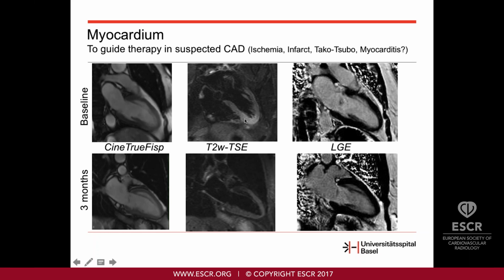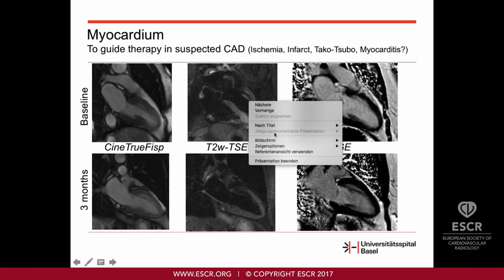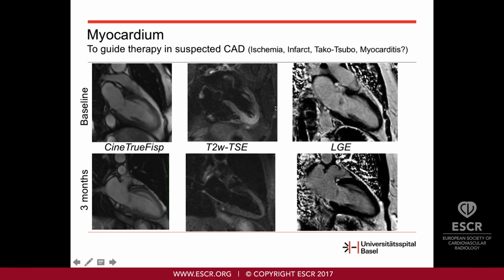The function normalized completely, edema resolved, and still there's no evidence of infarction. So this is a very nice example how MRI can help us to guide therapy in this patient.